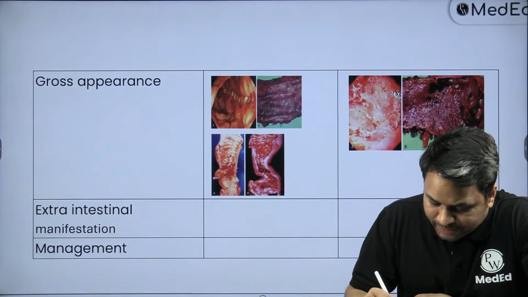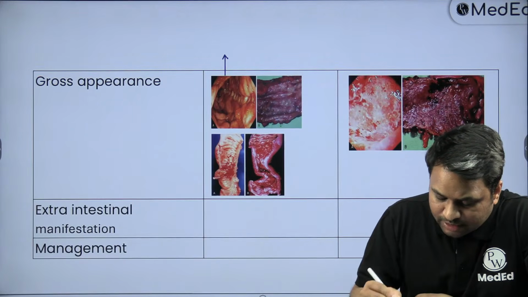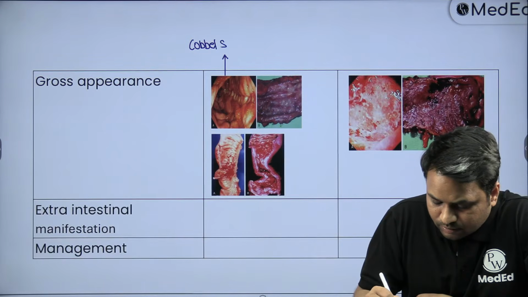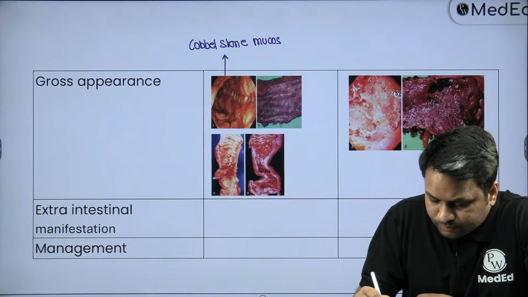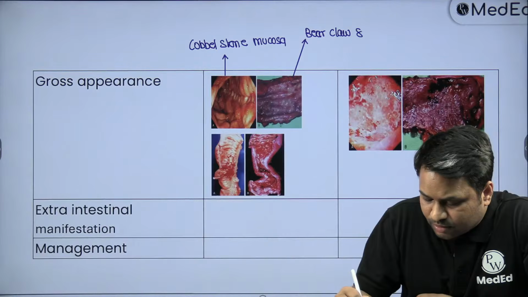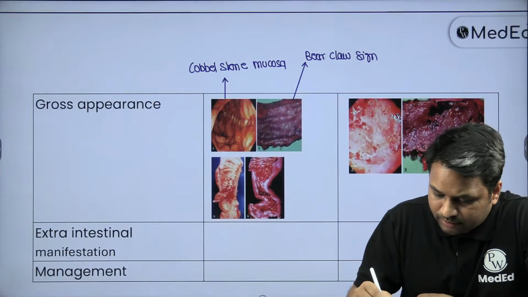Now, on a gross specimen of Crohn's disease, this is your cobblestone mucosa, and this is going to be the bear claw sign.